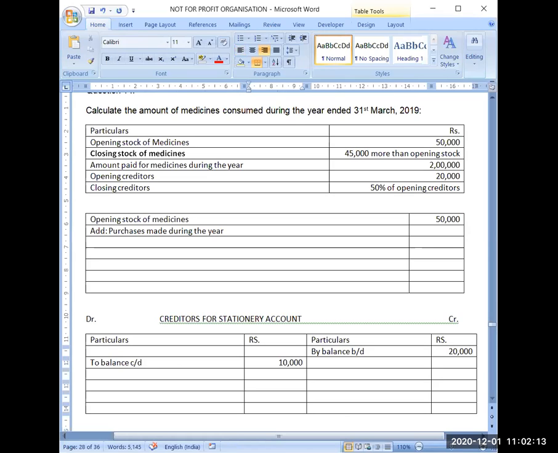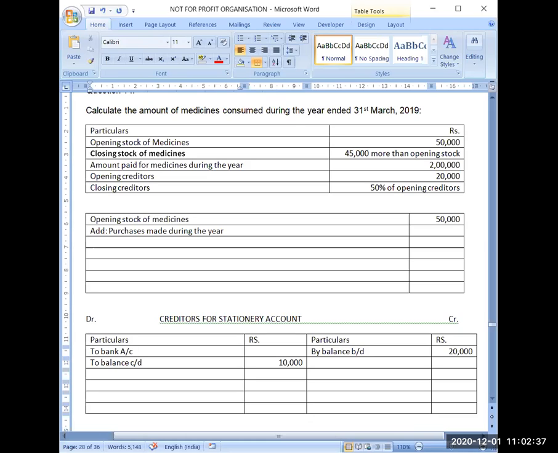After writing the opening balance and closing balance of creditors, we have to make this entry. We have made some payment to the creditors, amount paid for medicines. So whatever payment we have made, that we will write on the debit side, to bank account. Creditors account debit to bank account, because this is actually payment made, amount paid for medicines during the year.